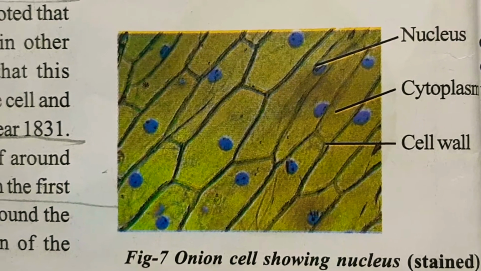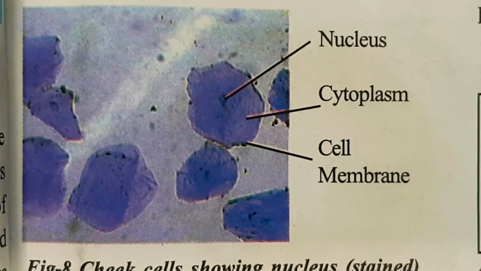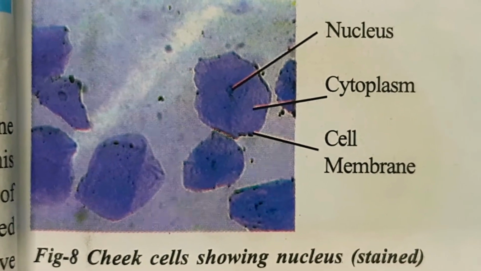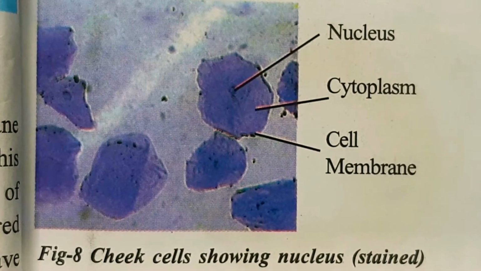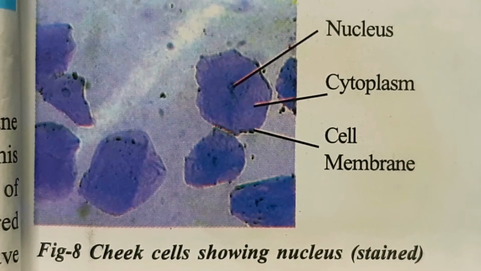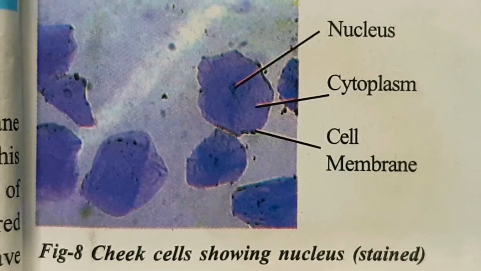And the blue color spot is the nucleus. This is the cheek cell showing the nucleus. You have already seen in our laboratory the onion and cheek cells.